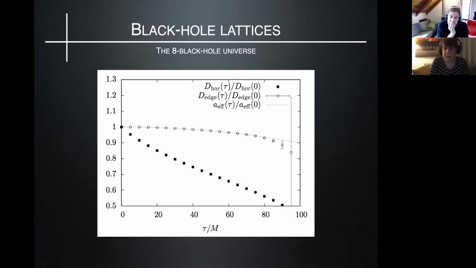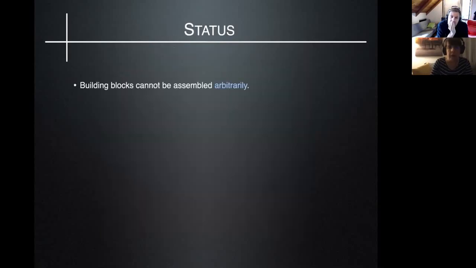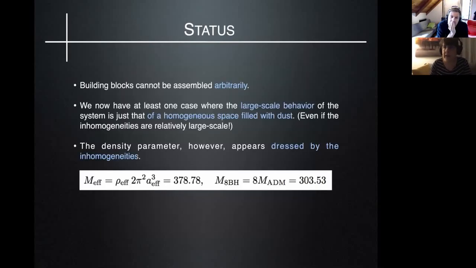And so you don't get as clean a measurement as you would have with the edge of a cell. And that's pretty much it. The interesting higher order effect is that in addition to the scaling, which, as I said, is pretty much tracking that of a closed Friedmann universe, we also measured a mass dressing effect.